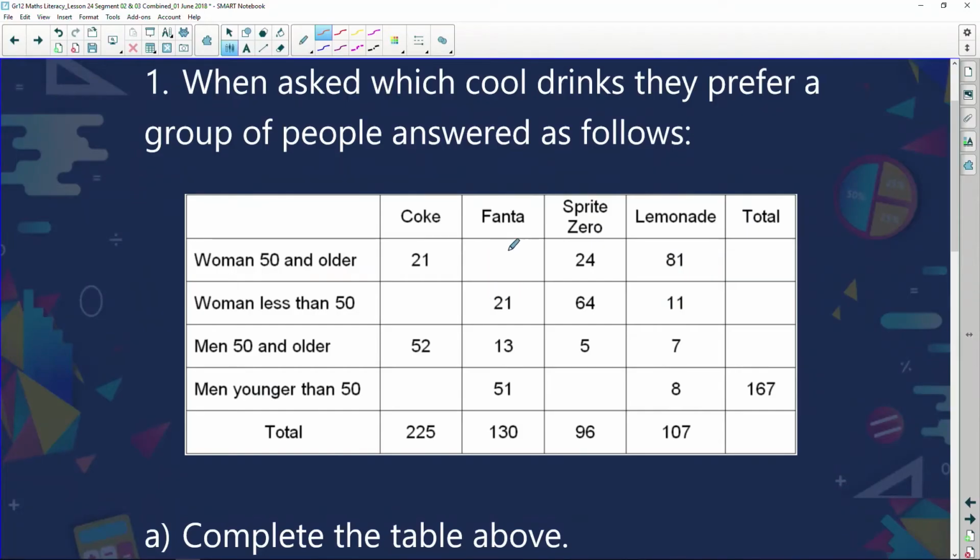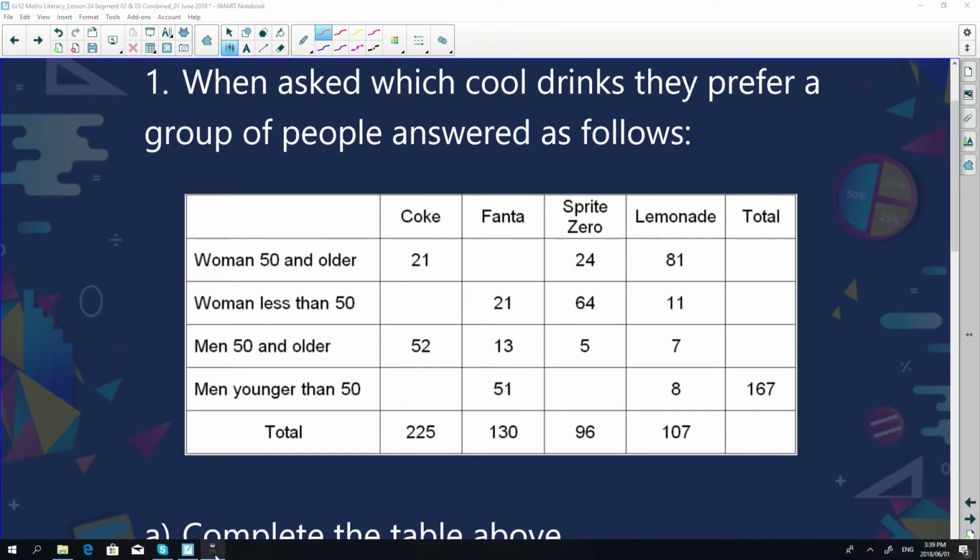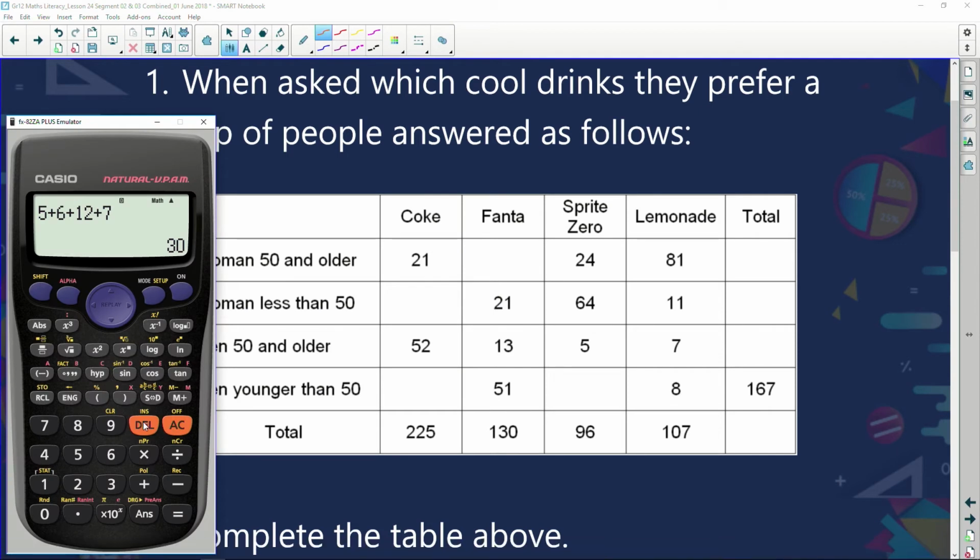If I look at this value here, women 50 and older who love Fanta, I can see that this column only has one missing value. So I would be able to fill in an answer there. So we're saying what plus 21 plus 13 plus 51 will give me 130. Now, let's use our calculator to do this.